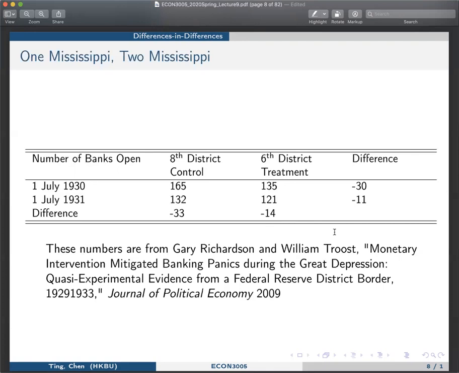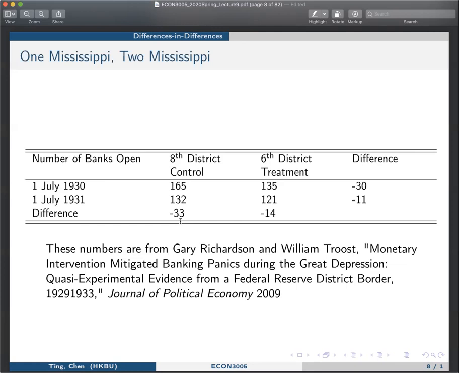Okay, how to do that? Think about that, because the first effect, the effects of banking crisis, is actually uniform to both the 6th and 8th districts. It's uniform to the Mississippi state. So for the 8th district, because they have the St. Louis Federal Reserve, you can consider them as they did nothing to help the banks.